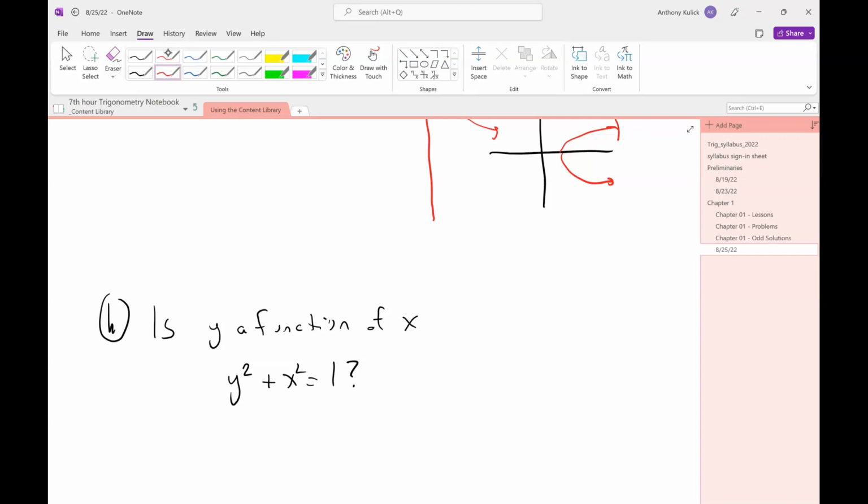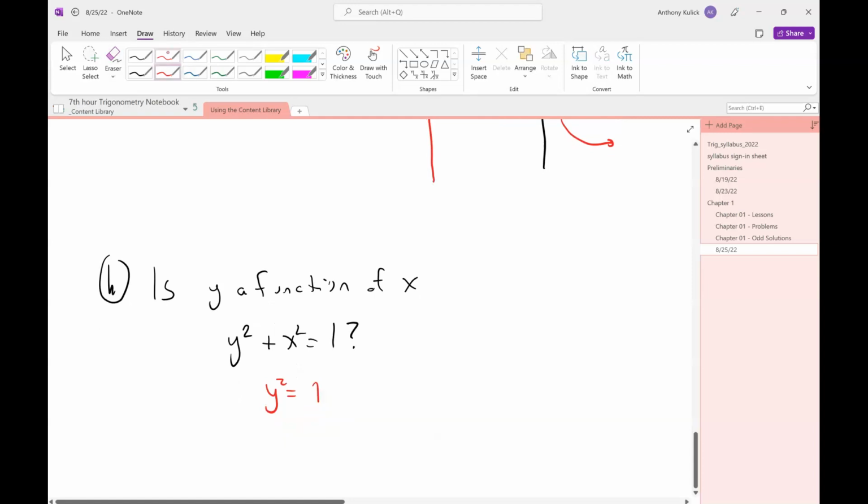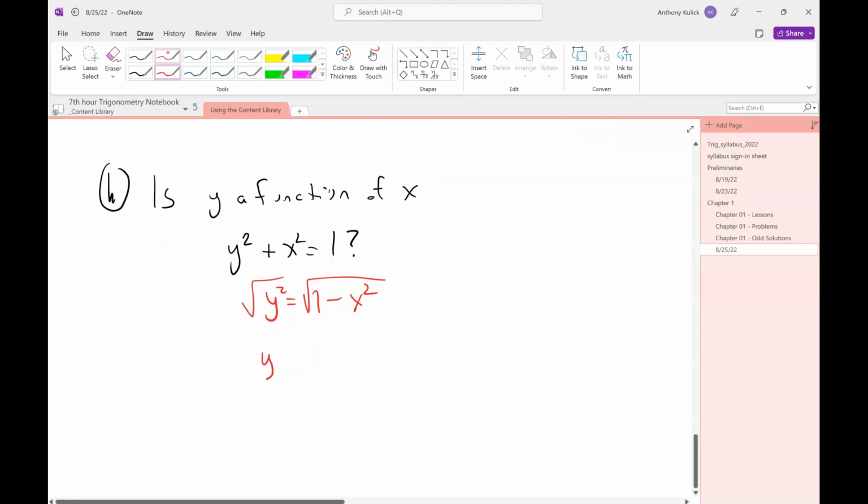So you subtract that x squared from both sides, then you get y squared equals negative x squared plus 1. And then we square root both sides. Yep. So we're just going to get y by itself. We just have to do some little algebraing. When I square root both sides, what do I have to remember? Plus or minus.